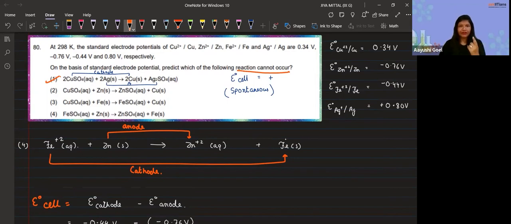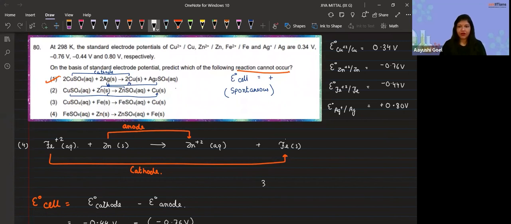Now we are left with the second and the third options. Let's check those also for better clarity. In the second one, copper is reduced, so it is the cathode, and zinc is the anode. Let's find E naught cell here.